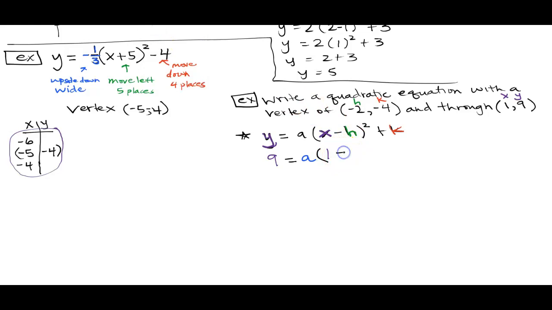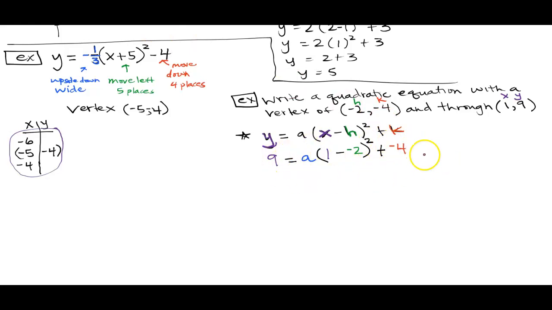What's my h? Minus 2. So I'm going to write minus a negative 2, and then squared. And then plus, what's my k? Minus 4. Yep, so minus 4 there.